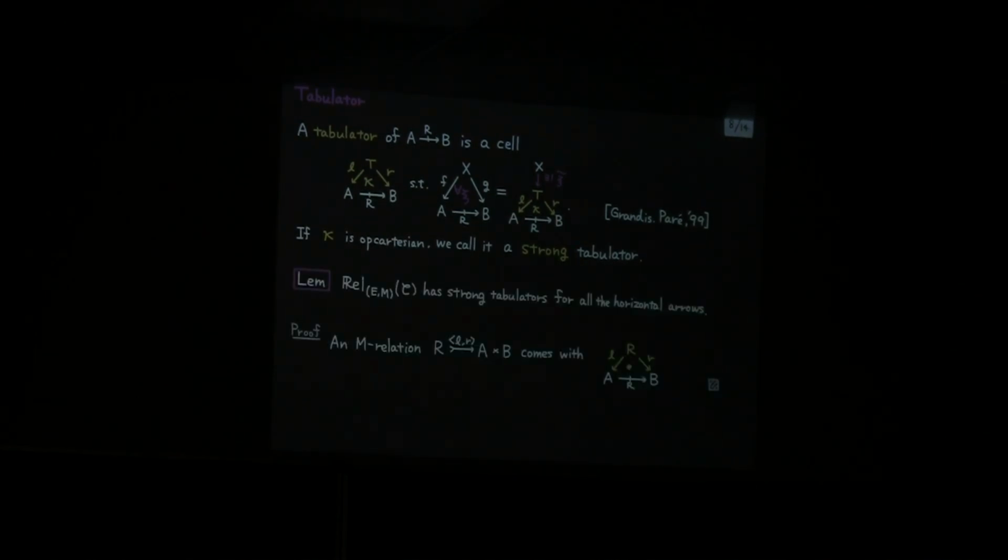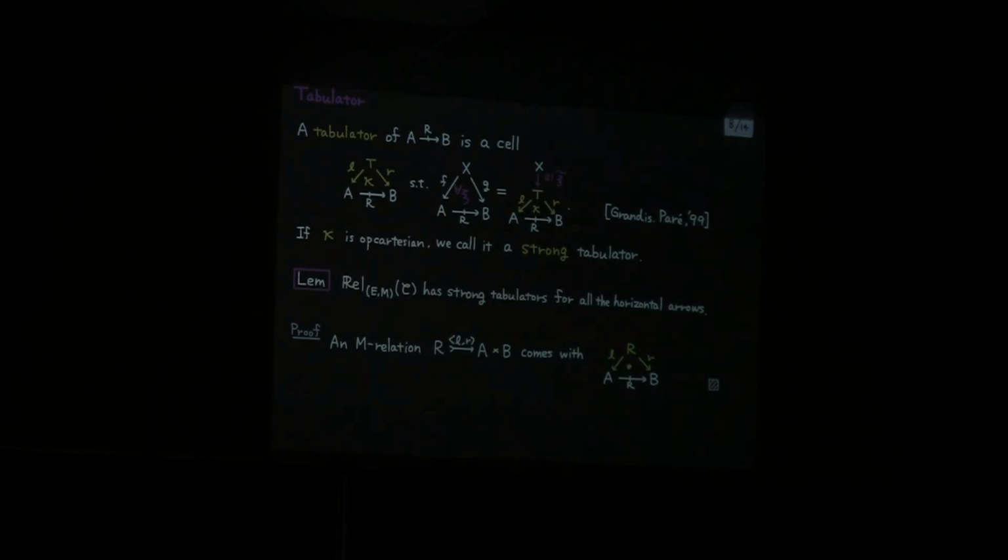Okay. And the second one is tabulators. A tabulator of a horizontal arrow R is a universal triangle cell whose bottom arrow is R. This was introduced by Grandis and Paré. And when this cell kappa is opCartesian, then we call it a strong tabulator. And again, the double category of M relations has strong tabulators for all the horizontal arrows.